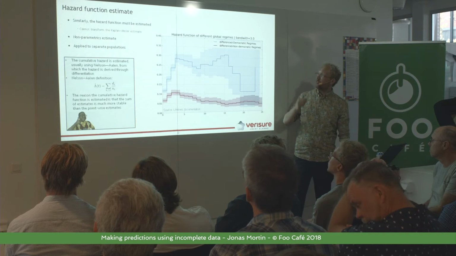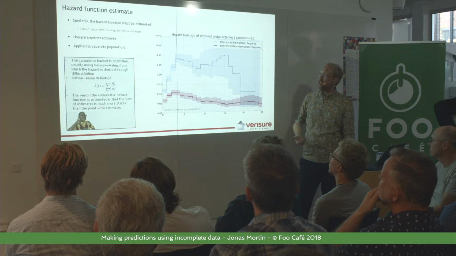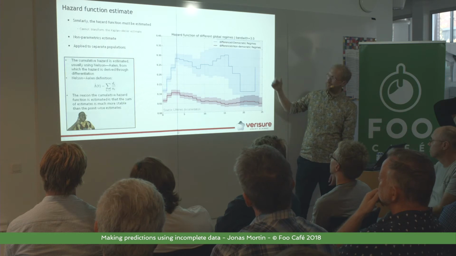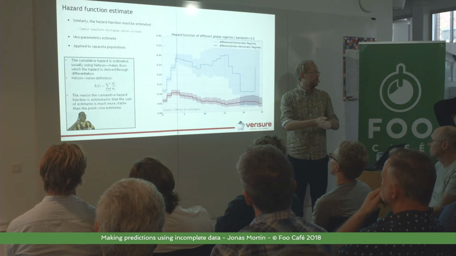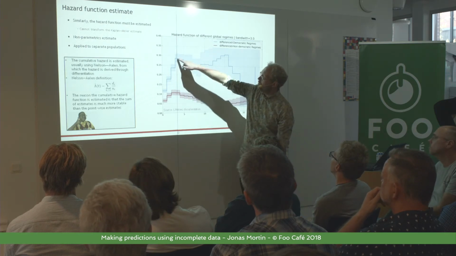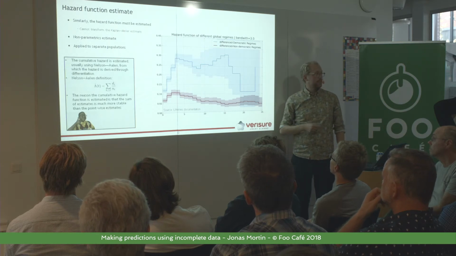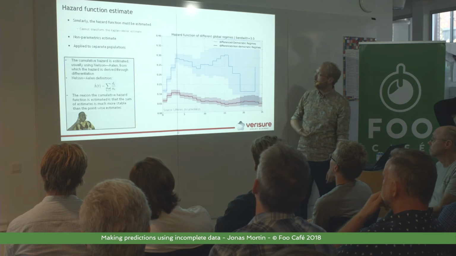And here's the hazard function, and this is the corresponding function. In the same way you have to estimate it, it's a non-parametric estimate, applied to separate populations. And this corresponds to the previous figure, where this is the probability of dying at a given time, if you haven't died already. So in this case, you seem to max out at around 4 years for democratic regimes, meaning that that's probably when we have a common election cycle.